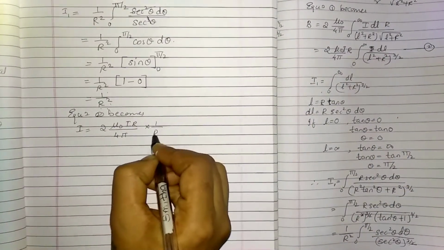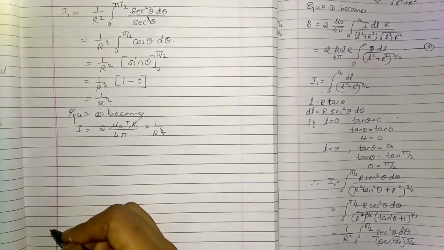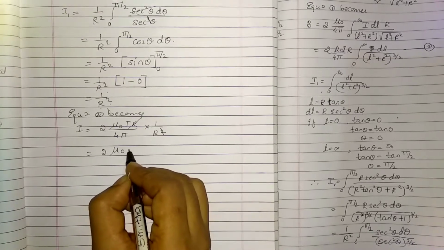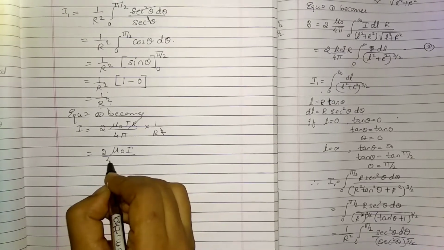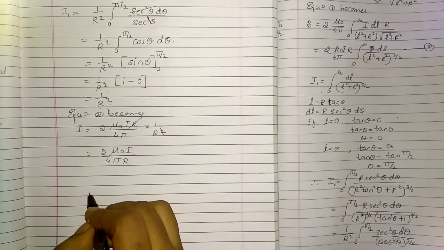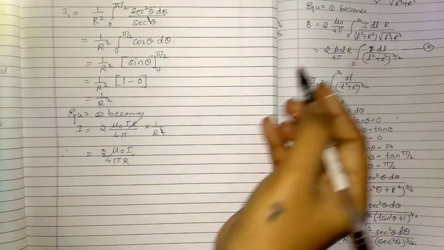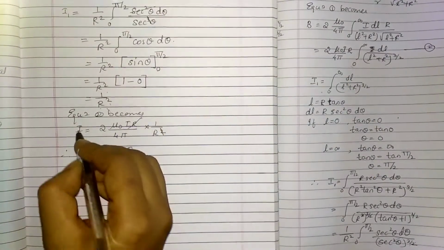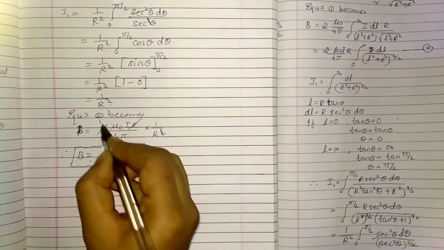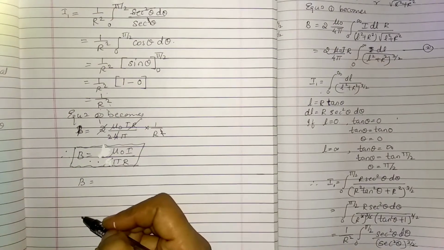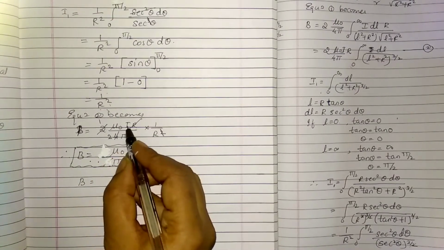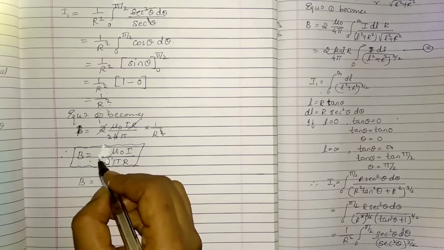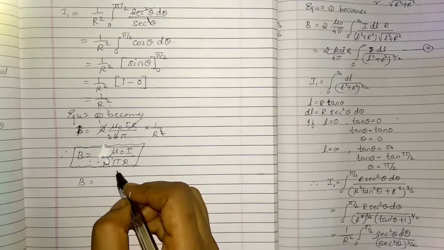So R cancels with the 1 R. So you are left with 2 mu naught I divided by 4 pi R. It is actually B, sorry. So the 2 and 2 cancel, and it became mu naught I by 2 pi R over here. So B equals mu naught I by 2 pi R.